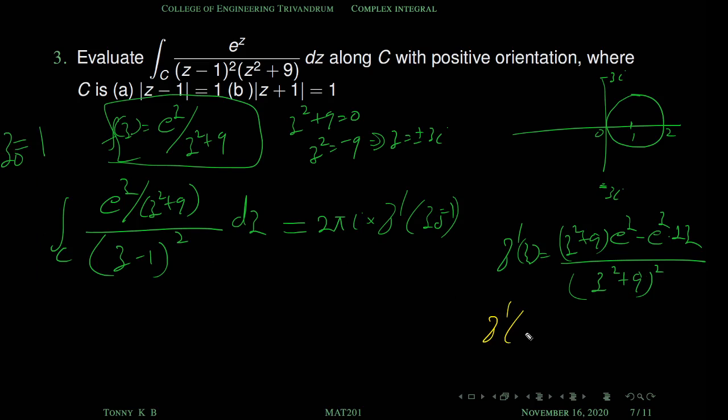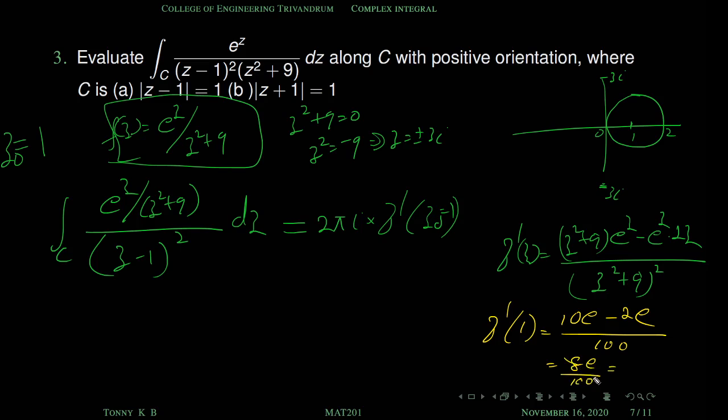So what about f dash of 1? The 1 കൊടുത്താൽ this is 10e minus 2e, correct, divided by this is 10 square, that is 100. So this becomes 8e by 100.